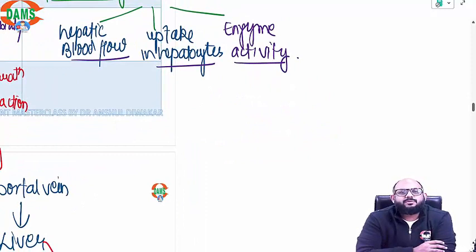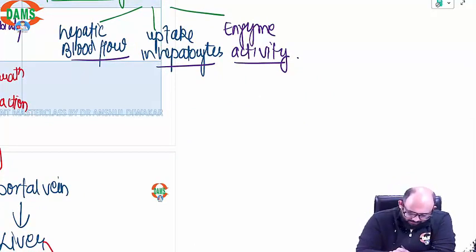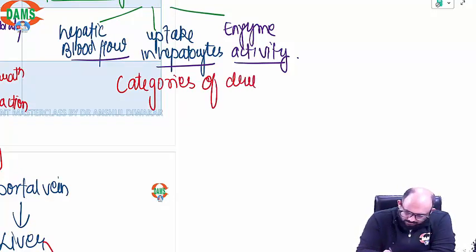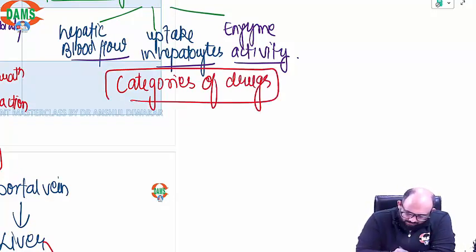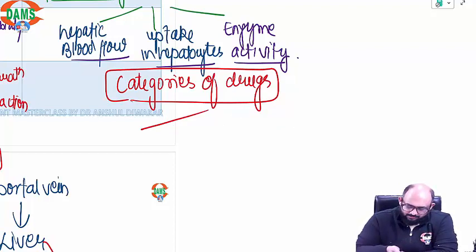Now there are drugs that fall in one of the three categories. Categories of drugs based on hepatic extraction ratio. They fall in three categories. What are they?